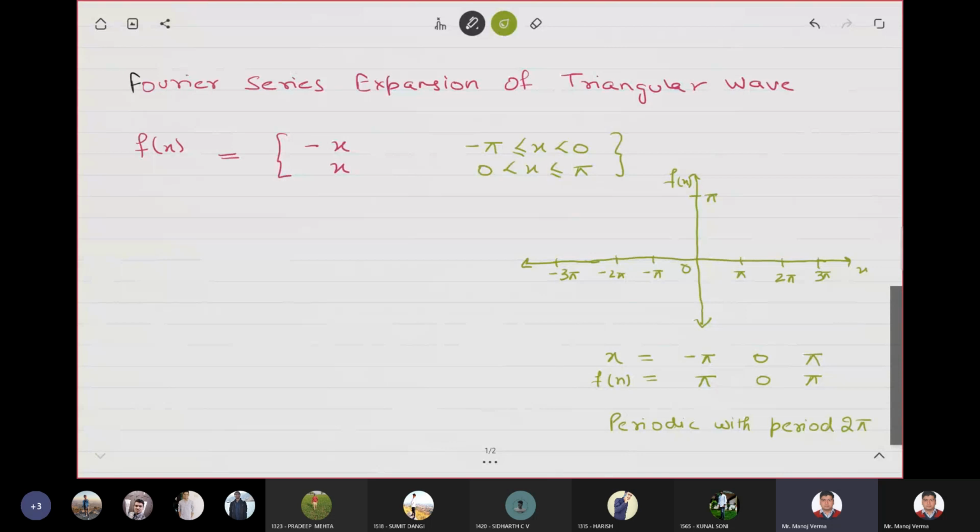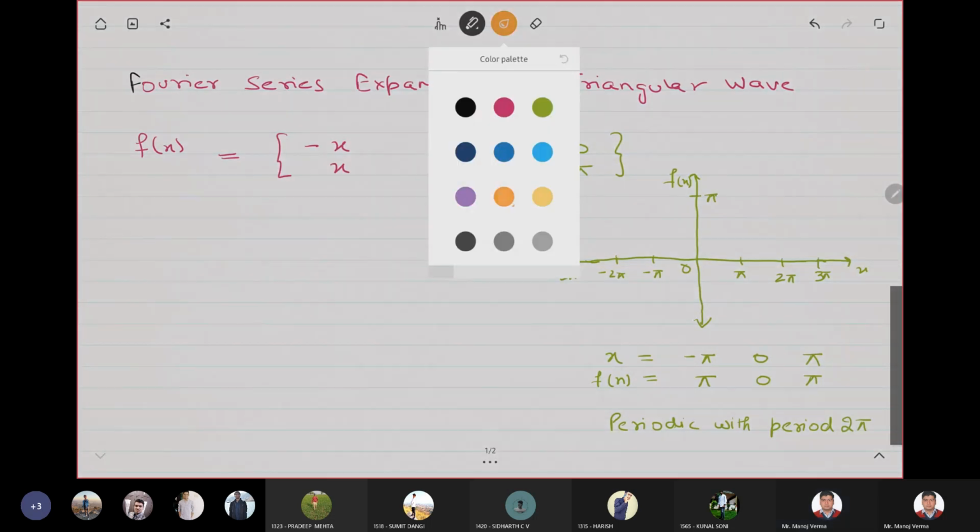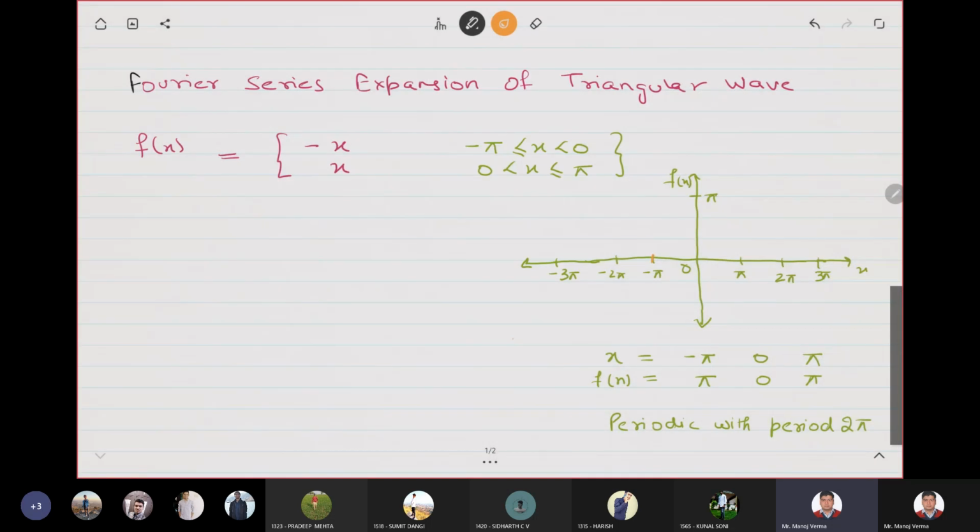The definition of the triangular wave is the function f(x) equal to minus x in the range from minus pi to 0, and f(x) equal to x in the range from 0 to pi. If I plot this function from minus pi to 0, the value of the function is minus x.